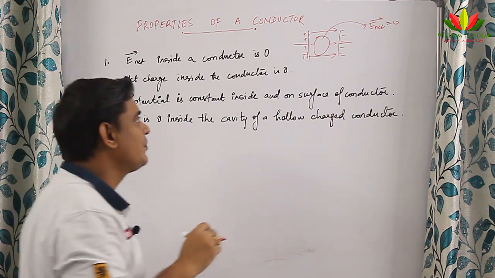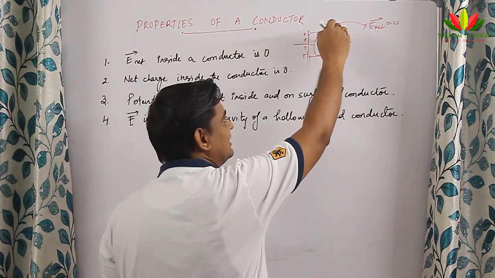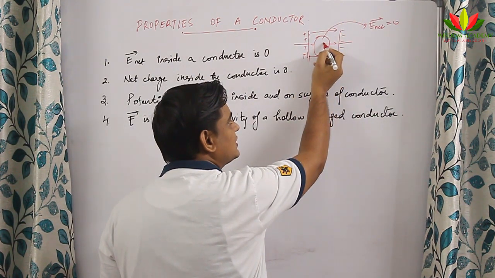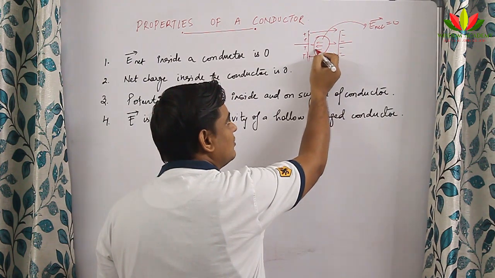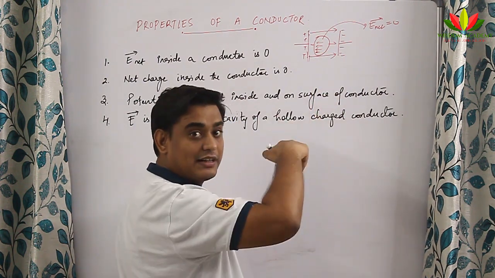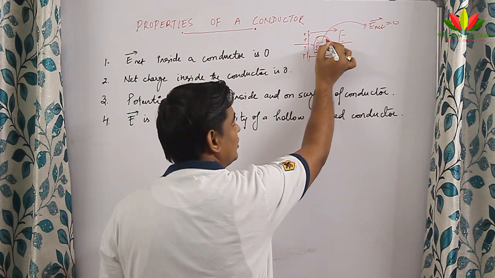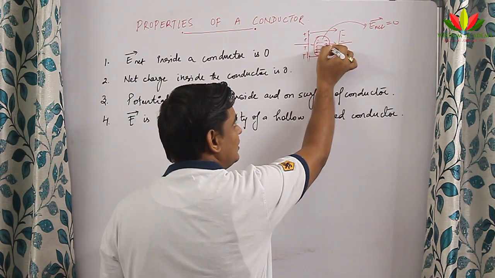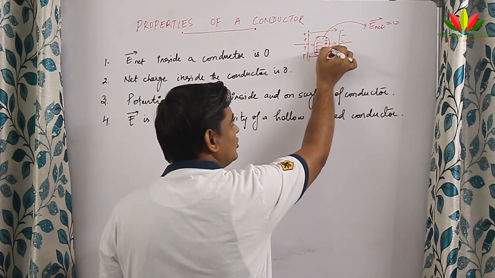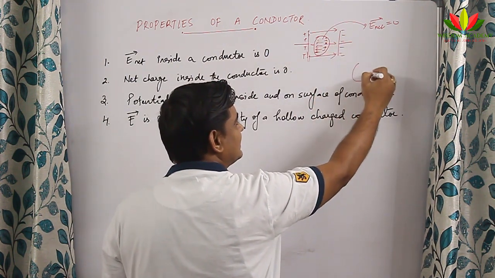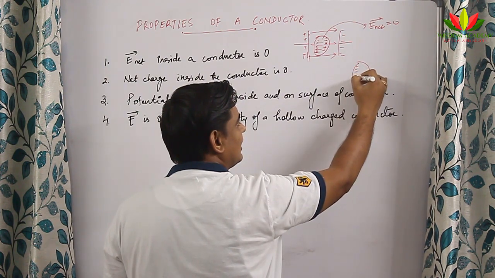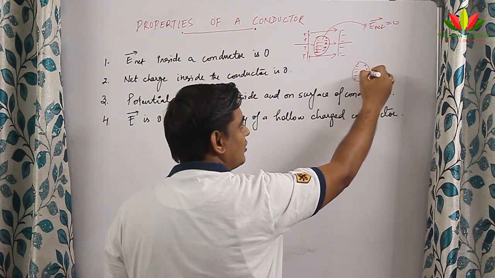Now why does it become zero? Suppose the electric field direction is here. The electrons will start moving on this side because electrons move against the direction of the electric field, and the protons will start moving on the right side. So finally, this conductor has negative charge here and all the positive charge here.